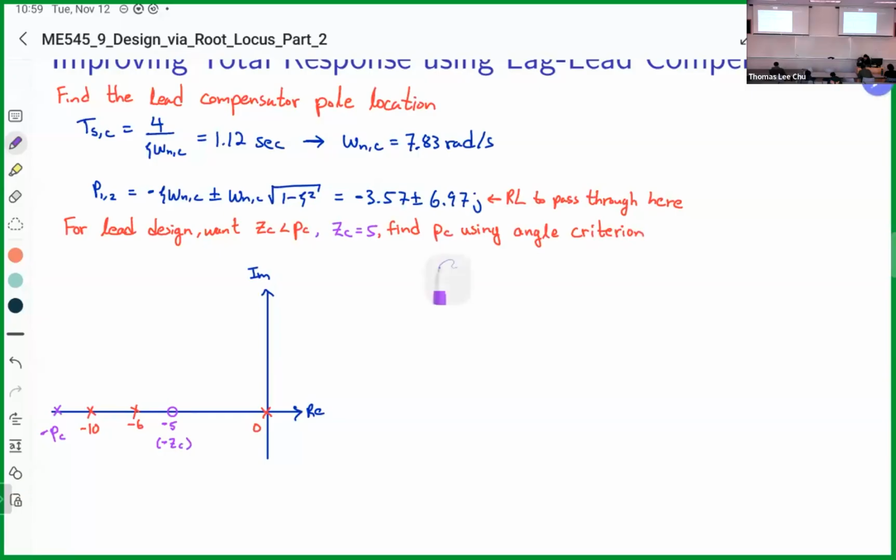The point we're evaluating is right here at -3.57 plus roughly 7j. Plus 6.97j. If you want to use 7, -3.6 plus 7j, I'm also okay with that. All this is approximation. You can just round to an easier number if you don't want to deal with it.